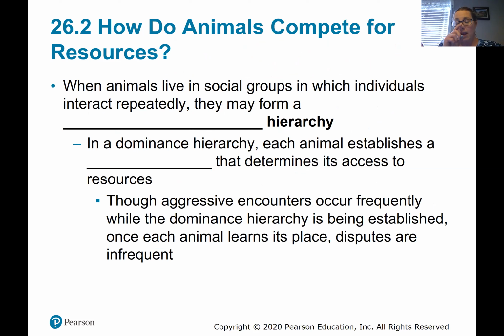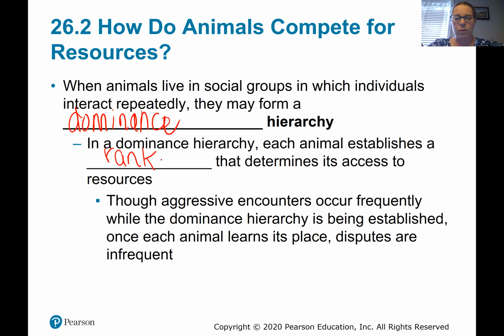Animals that live in groups where there's constant interaction tend to form a dominance hierarchy. That's where they figure out a pecking order or a rank to determine who gets access to resources and when, and sometimes in what order.